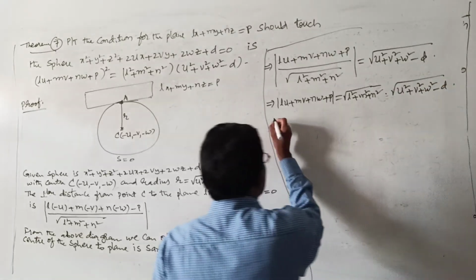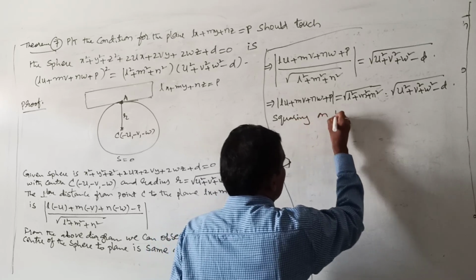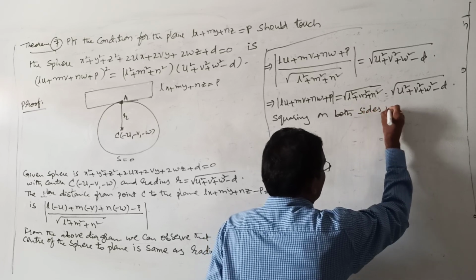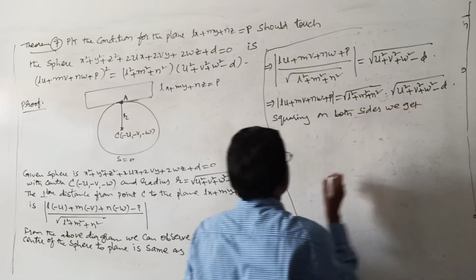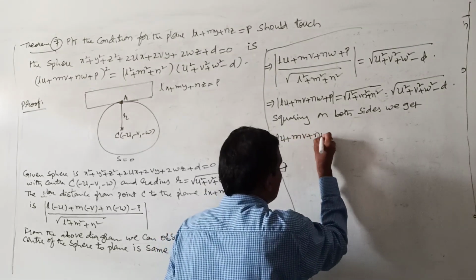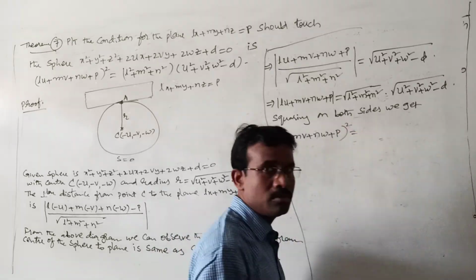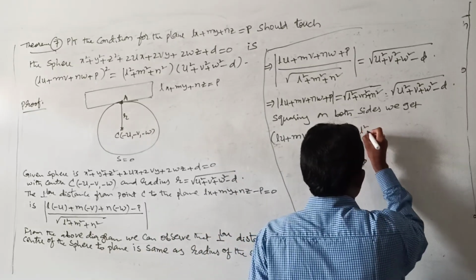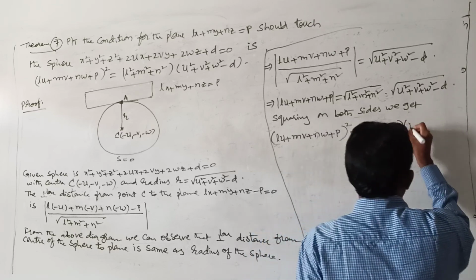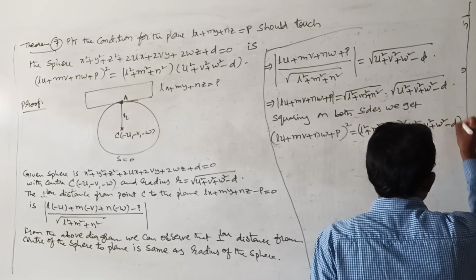Now squaring on both sides, we get (Lu plus Mv plus Nw plus P) whole square is equal to (L square plus M square plus N square) into (u square plus v square plus w square minus d).